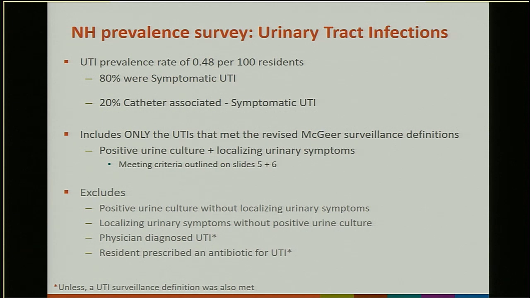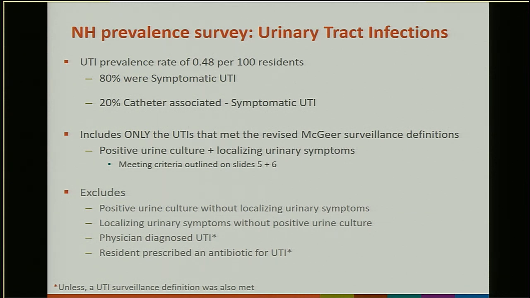So this does not include in the count positive urine cultures that a resident might have that don't have the appropriate localizing symptoms. It doesn't include people who may present with some type of localizing or systemic sign of an infection but don't have the positive urine culture criteria met.